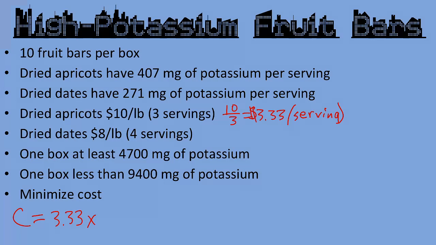And similarly, 8 divided by 4 is $2 per serving for dried dates. So the cost of a box of these bars will be however many servings of apricots times 3.33 plus however many servings of dates times 2. That's what we want to minimize, the cost.